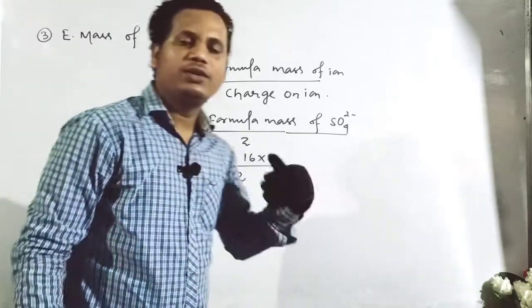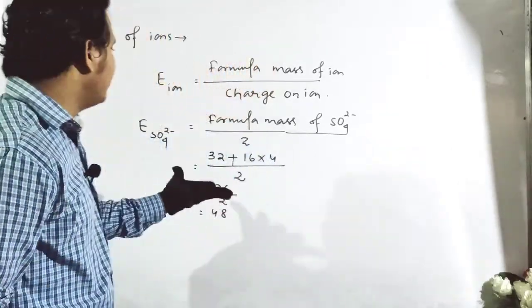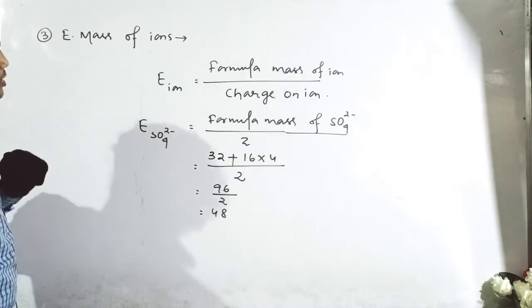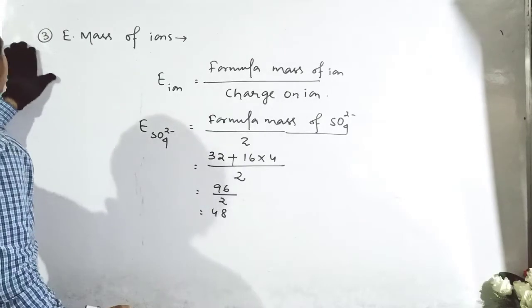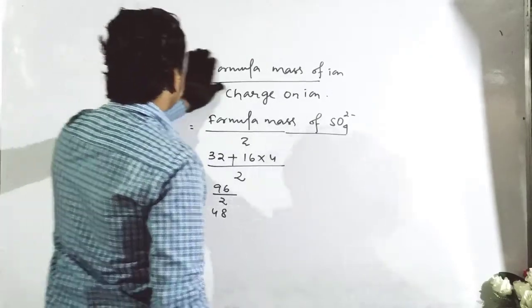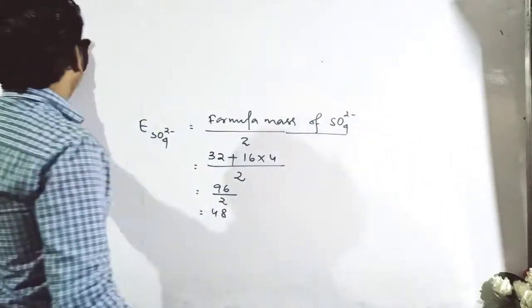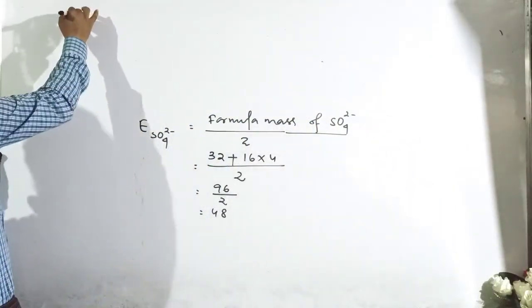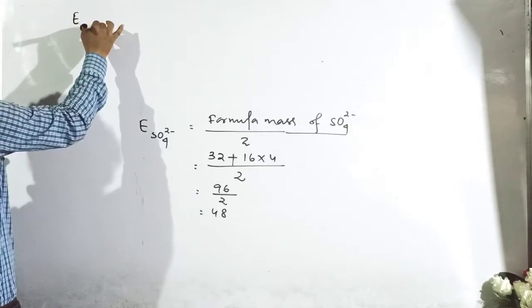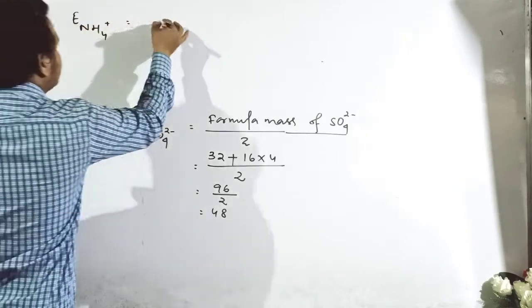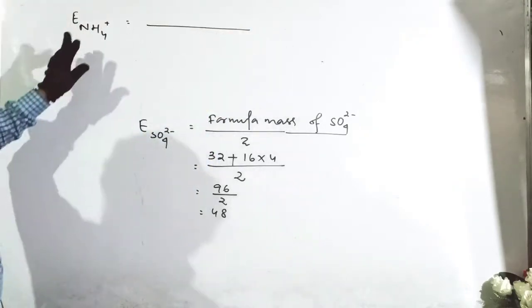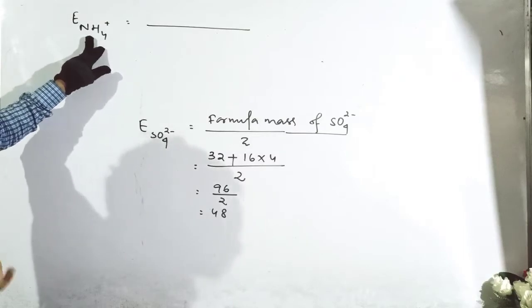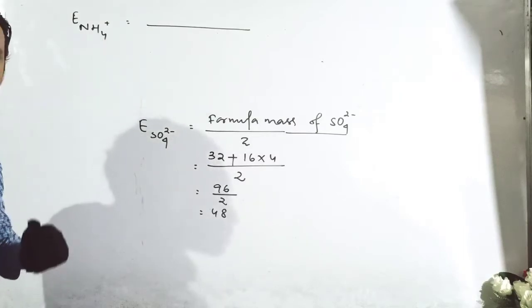In this way you can find it for any ion. Suppose we will take one cation also. So take one cation, a positive ion. Suppose equivalent mass of ammonium ion. So what will be the formula? Formula mass of ammonium ion by ionic charge.